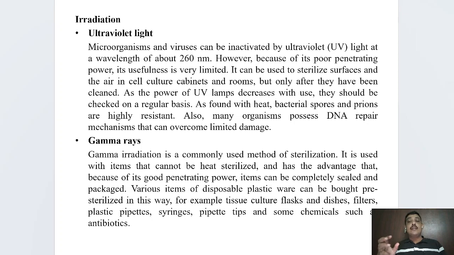That means it is going to be limited. Why limited? Only the surfaces on which the ultraviolet rays pass through are going to be converted into a sterile environment. So in that case, only limited rays is going to be passed through the cabinet, and the cabinet becomes sterilized. But there is a disadvantage about ultraviolet.